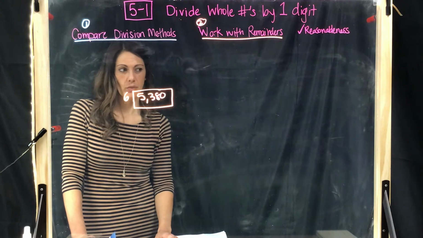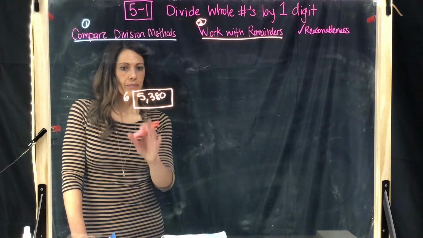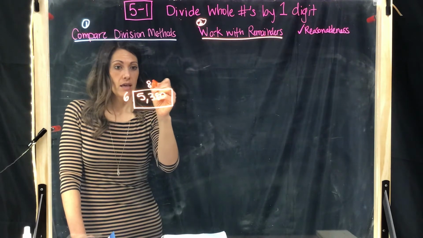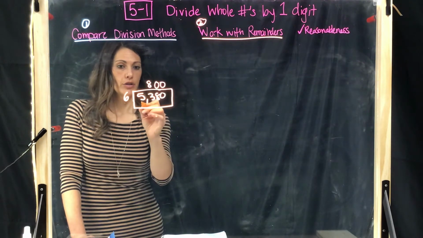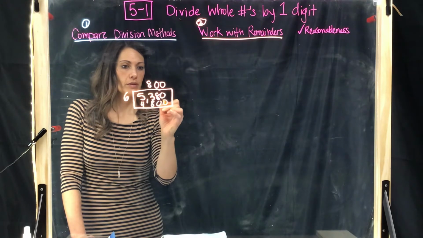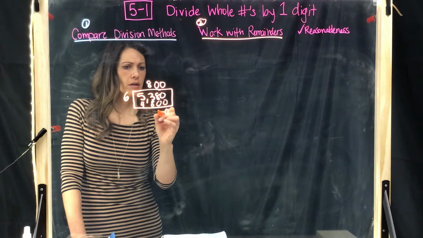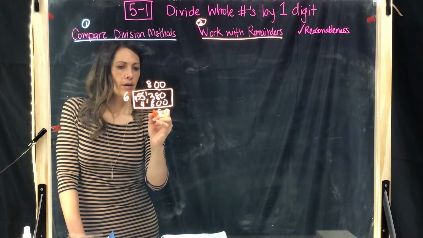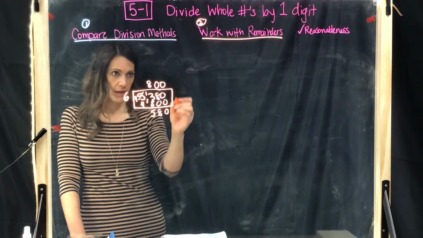So I think that's as close as we can get. So 6 times 8 is 48. Then 6 times 800 should be 48 with 2 zeros. We'll subtract, regroup. I get 580 left over.